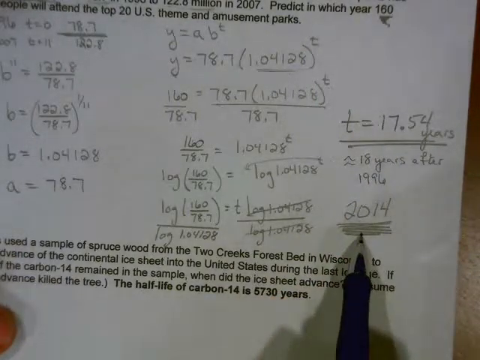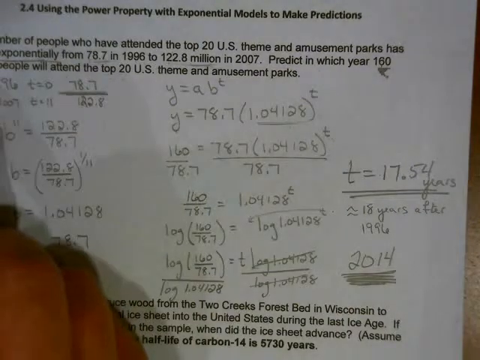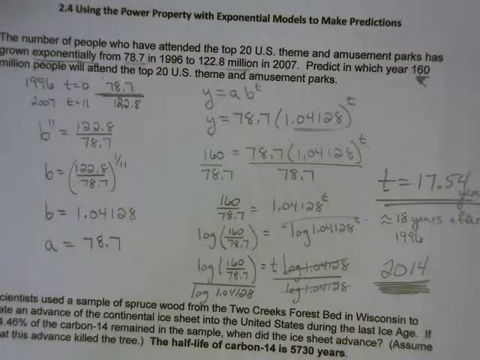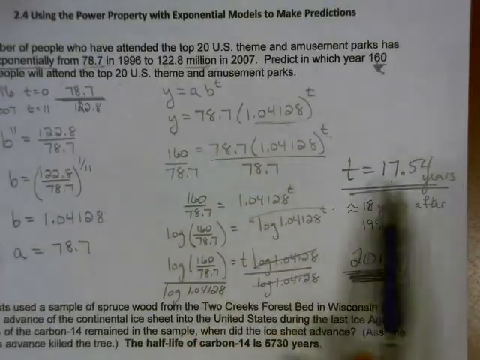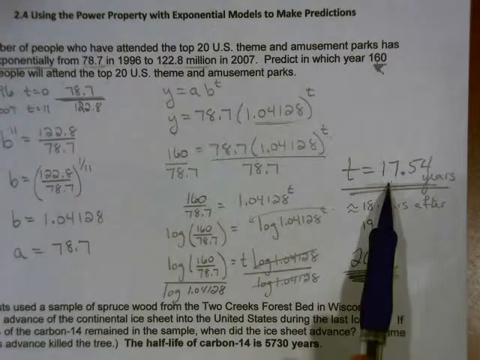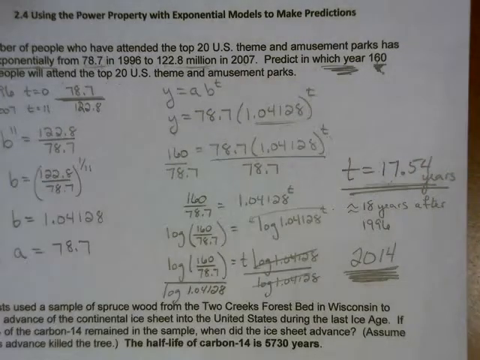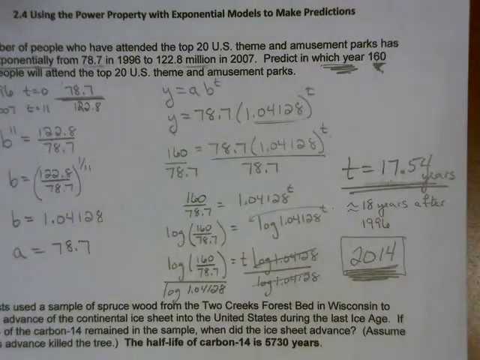So in 2014, roughly, there'll be about 160 million people attending the top 20 U.S. theme and amusement parks. But don't just solve for t. If it asks for how long, then that's our t. But if it asks for in which year, make sure you answer that question. The year is going to be 2014.